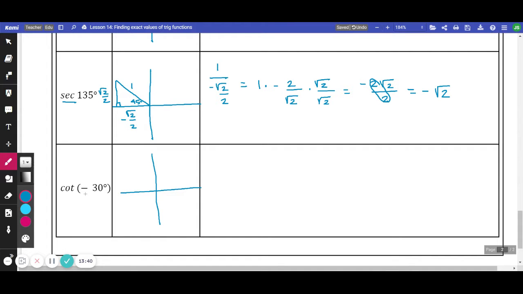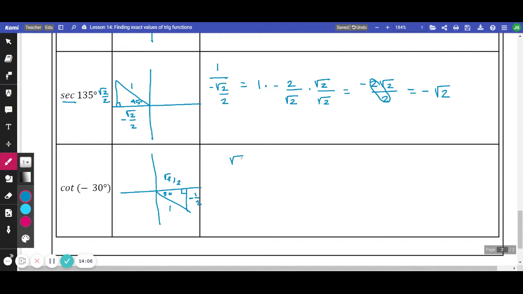Okay, one more. Cotangent of negative 30. So I'm going to go down 30. So that just is the reference angle is 30. Hypotenuse is 1. Across from 30 is 1/2. And because that side goes down, it's negative. And then third side is root 3 over 2.